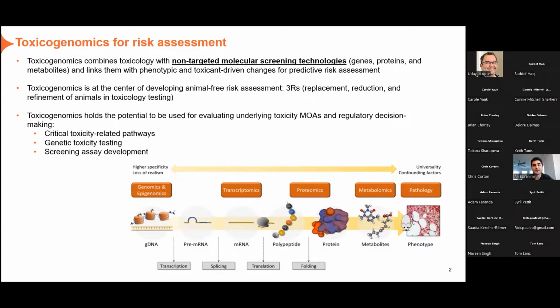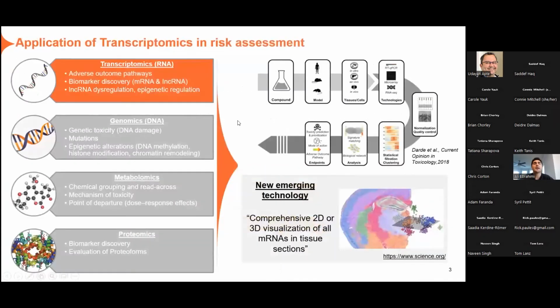And within the realm of toxicogenomics, transcriptomics is arguably the most widely used technology, which has been around for a really long time.